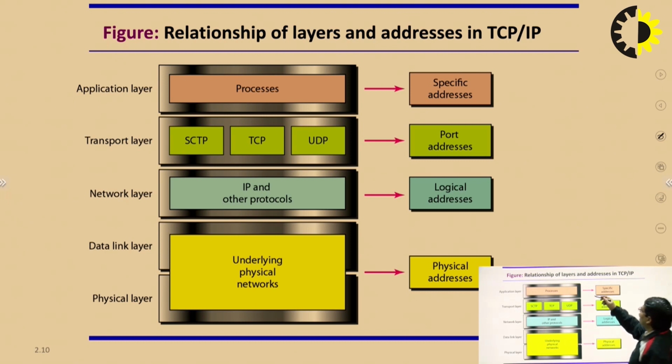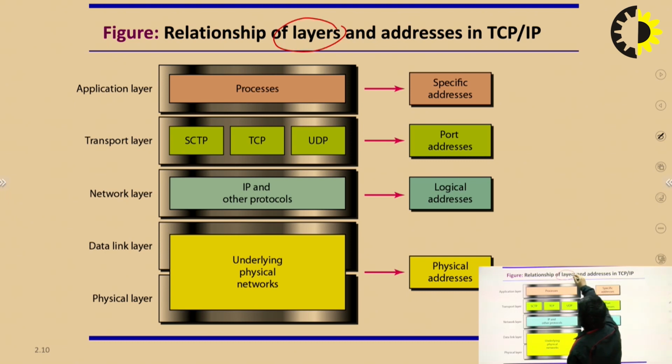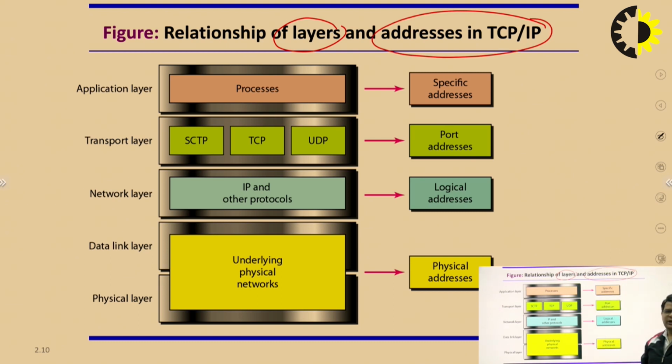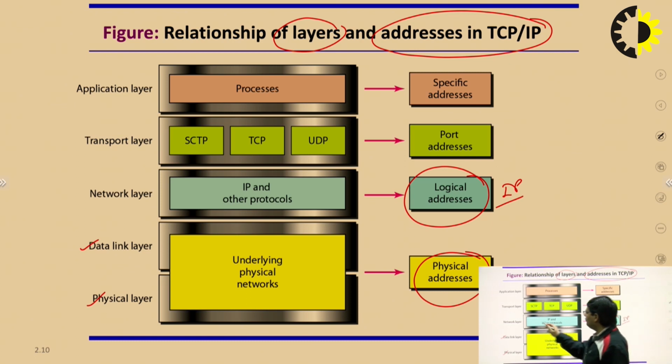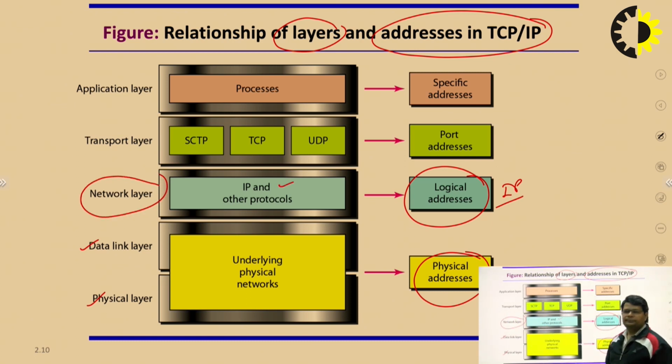This is the relation of layers and different type of addresses used in the TCP/IP protocol model. As we have already discussed in the previous slide, the physical address is generally required at the data link layer and physical layer. Then logical address, that is IP address, is required at the network layer with the IP protocol.